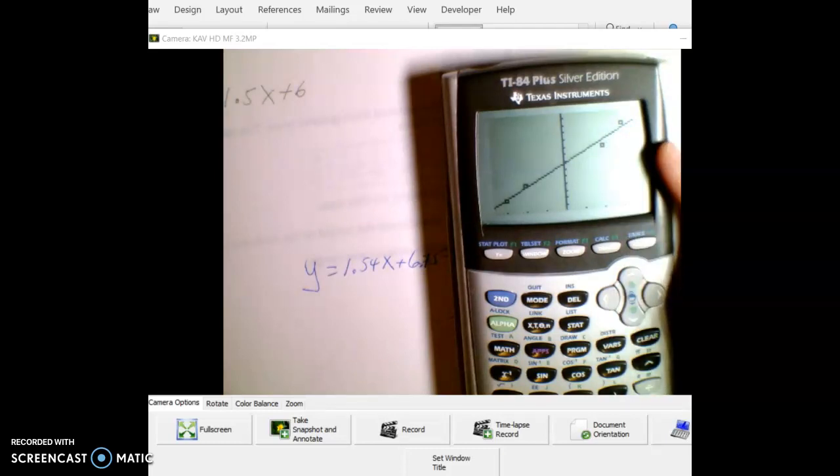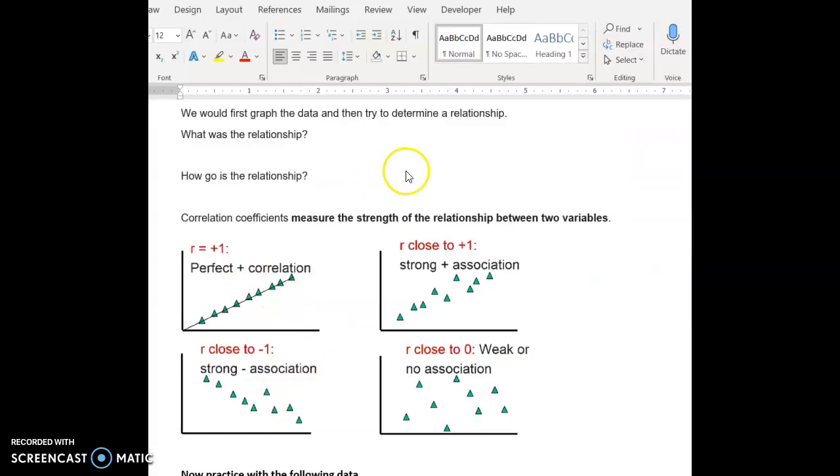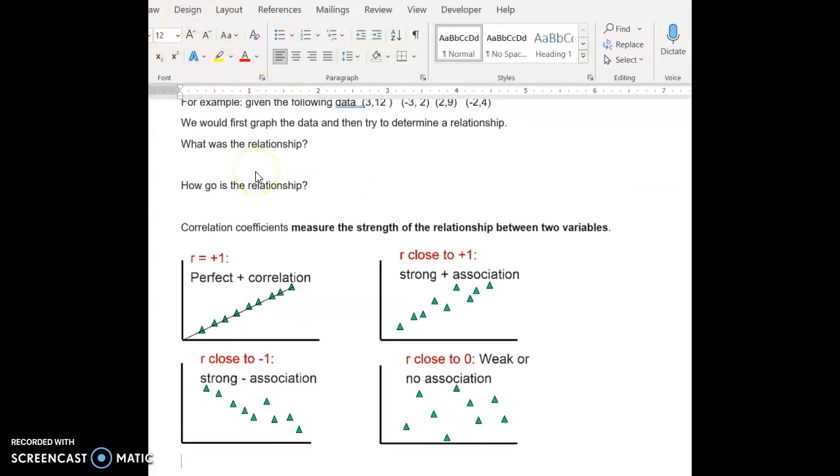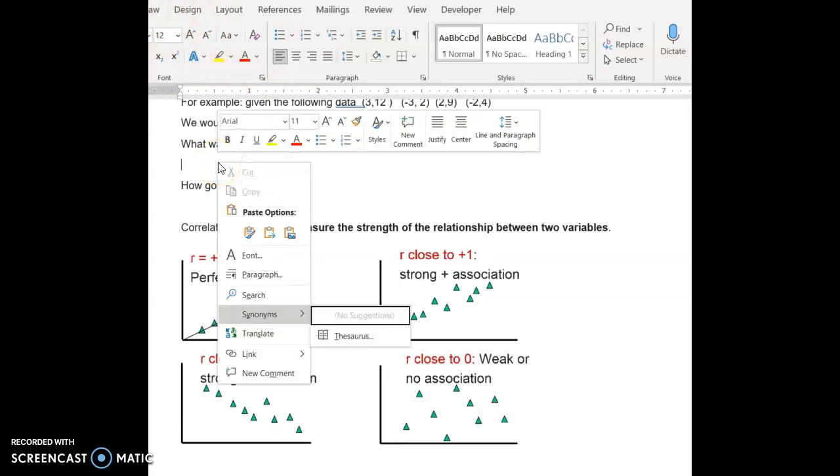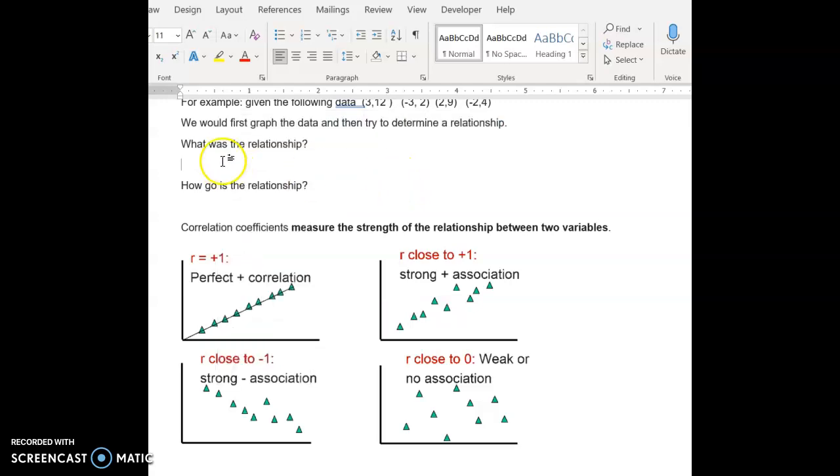I'm going to go back a minute and pull up the handout that I just gave to everybody. So now, what was the relationship? The relationship that we saw in here was y is equal to 1.54x plus 6.75.